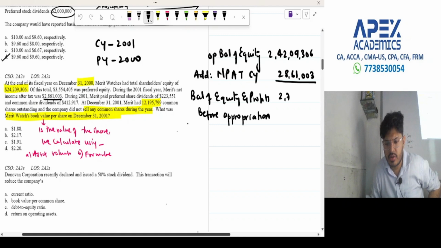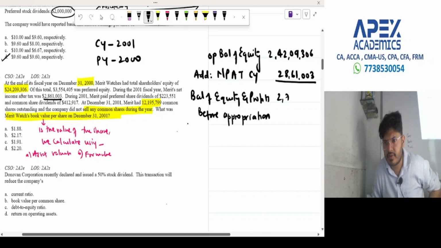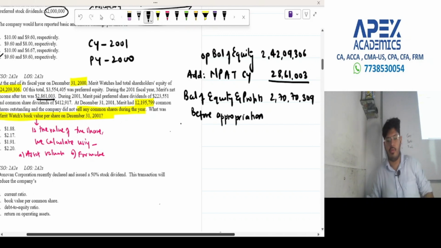It is 2 crore 70 lakh 70,309. This is the balance of equity and profits before appropriation.